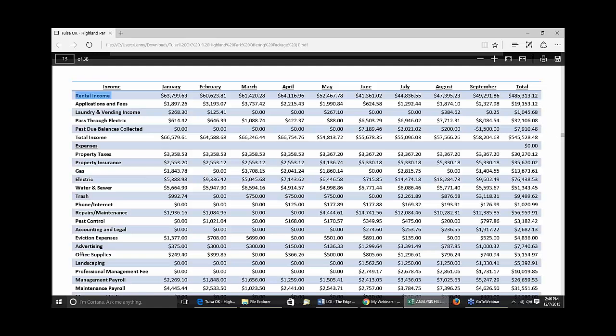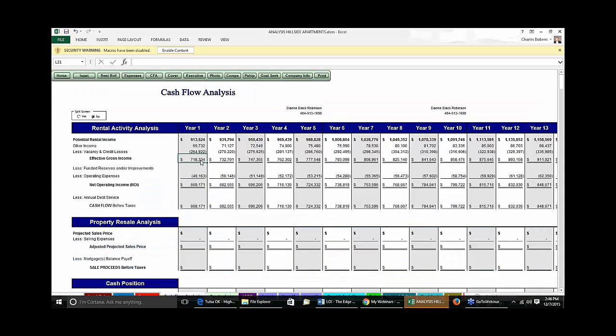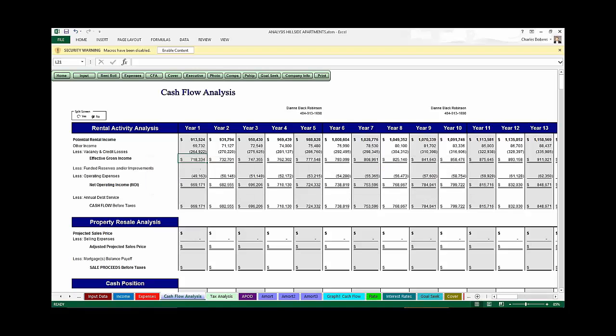And what do we have here in our analysis? 726, and we're at 718. So we're kind of close. We're off by about $8,000. All right, I'm going to leave it that way.